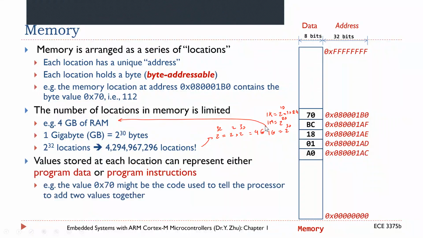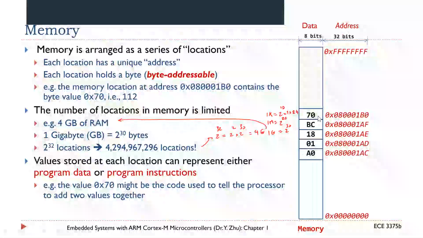And then what would be the values inside each location of the memory? That could be either the program instruction, which we call the operation code or machine code, or program data. So the instruction we call machine code or opcode.